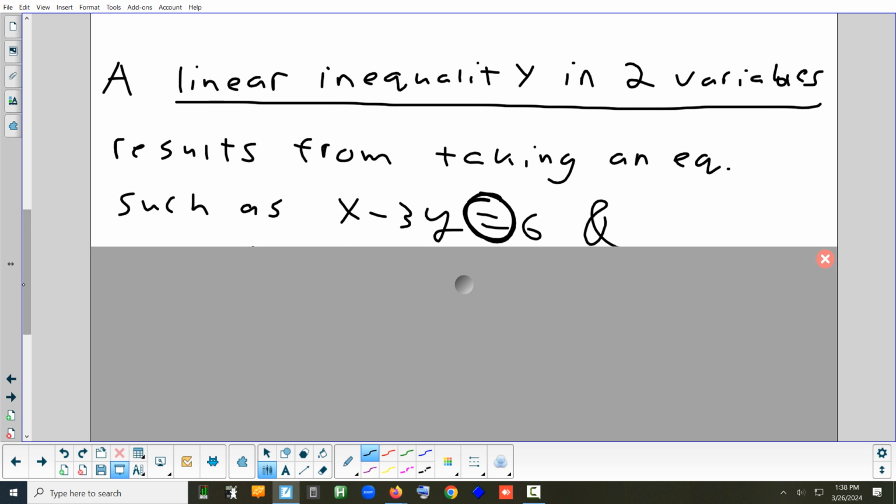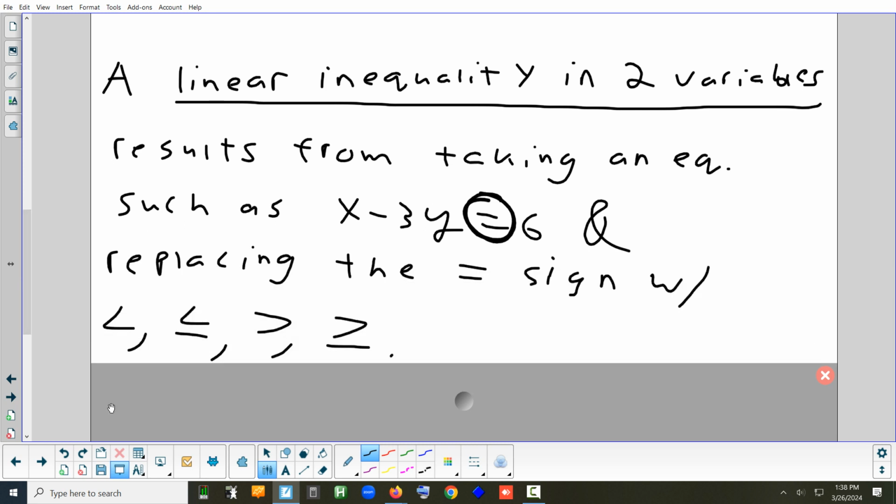If you take the equal sign and replace it with one of those 4 symbols, then you have an inequality. So a linear inequality in 2 variables results from taking an equation like this and replacing the equal sign with one of those 4 symbols. You're not going to see this symbol today when we start doing examples. It's going to be replaced with one of those 4.